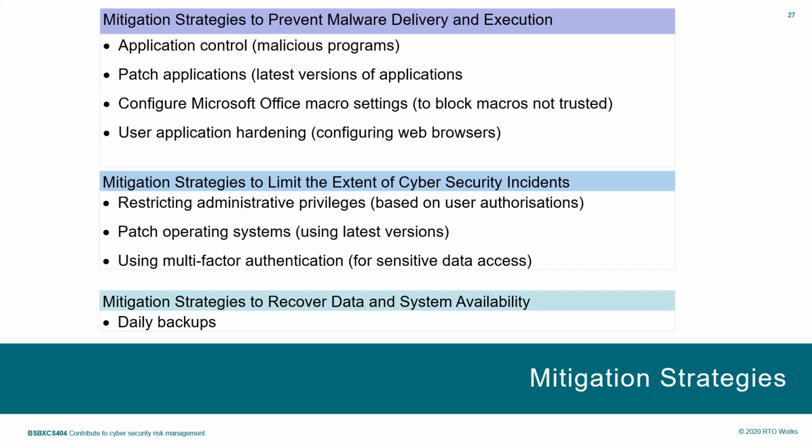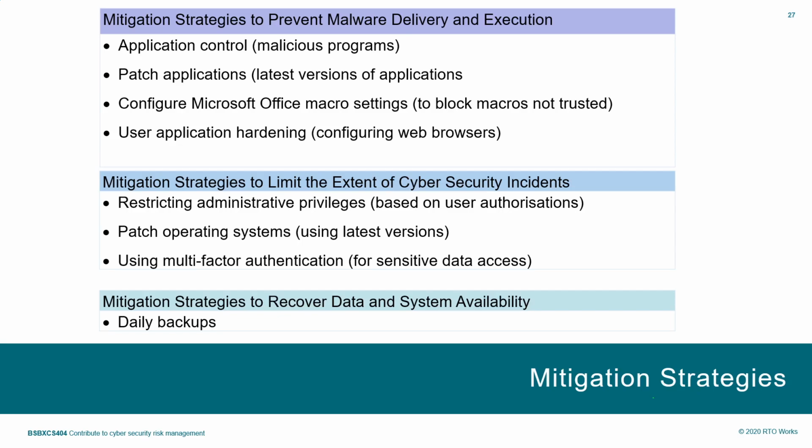So when we talk about mitigation strategies, we talk about preventing malware, for example. So application control, patching, configuring our Microsoft Office macro settings, hardening of our web browsers. So all the steps we can take to help protect the organisation.